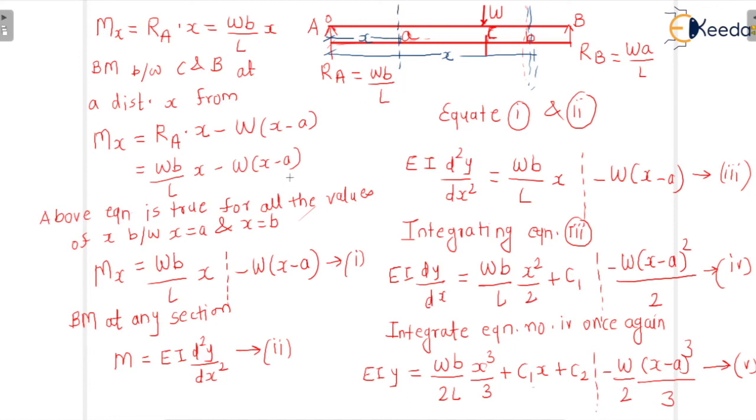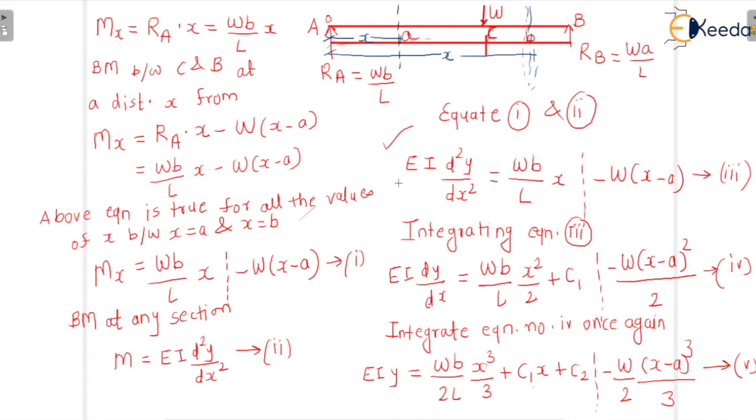Once we got the moment equation, we used the moment at this particular part and at that particular part. Once we got the whole equation, we indicated it as equation number 1. Then we compared it with the bending moment equation, the formula we already know. When we compare, we arrive at the first equation.